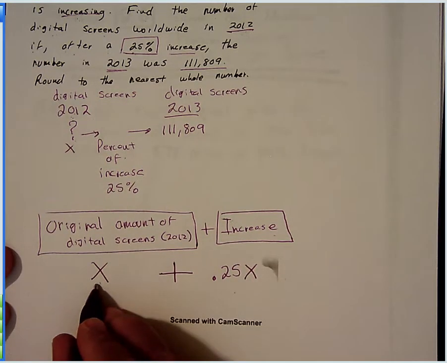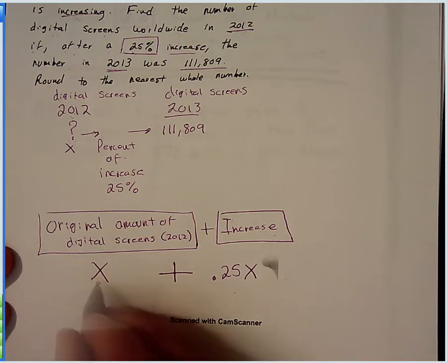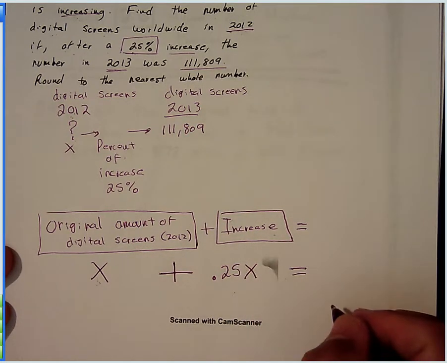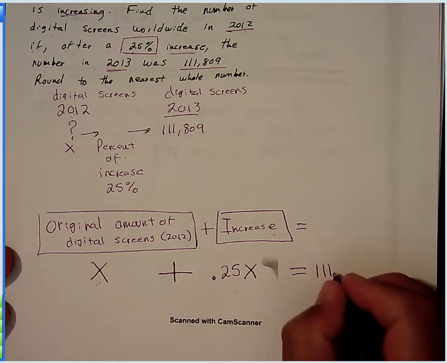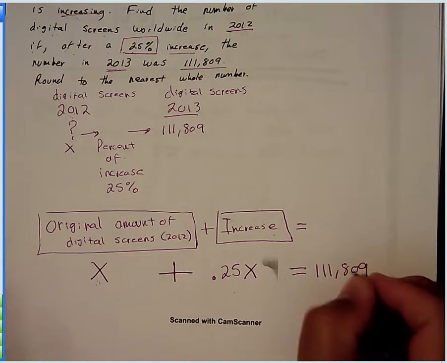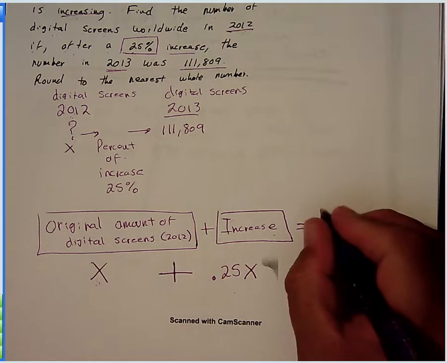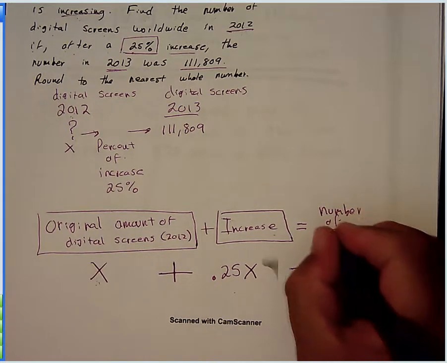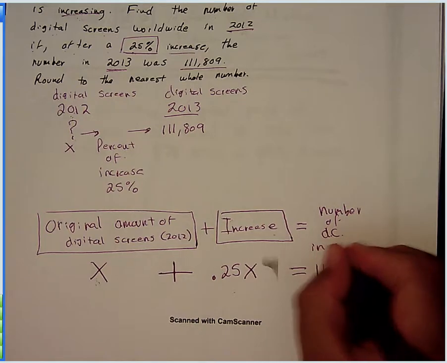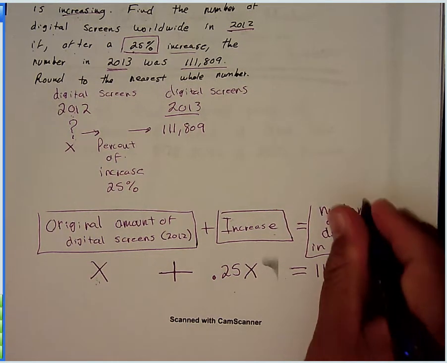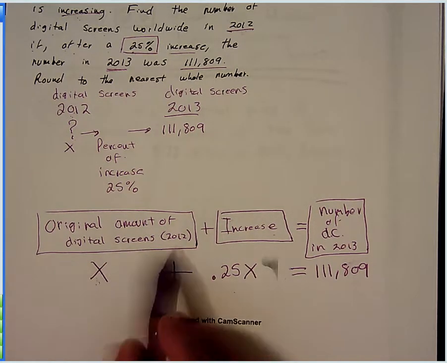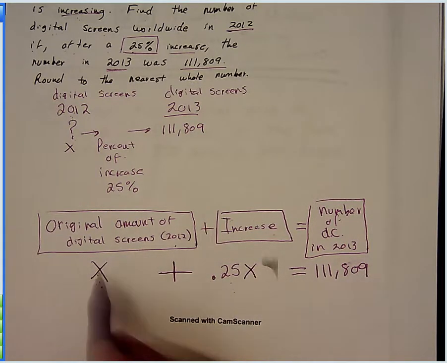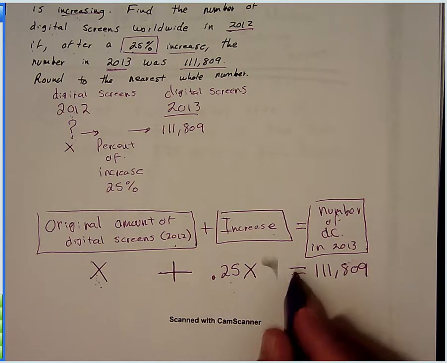So that was the original, and then we take the 25% of that and we add it to that to get, so equals the 111,809. So this would be the number of digital screens in 2013. So in 2012, we don't know it. You add the increase in percent of this original, and then, so this is equals to that.